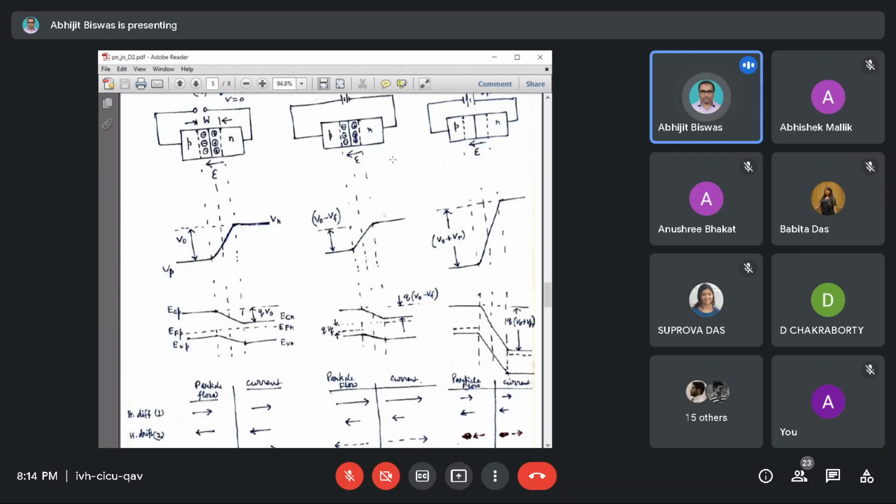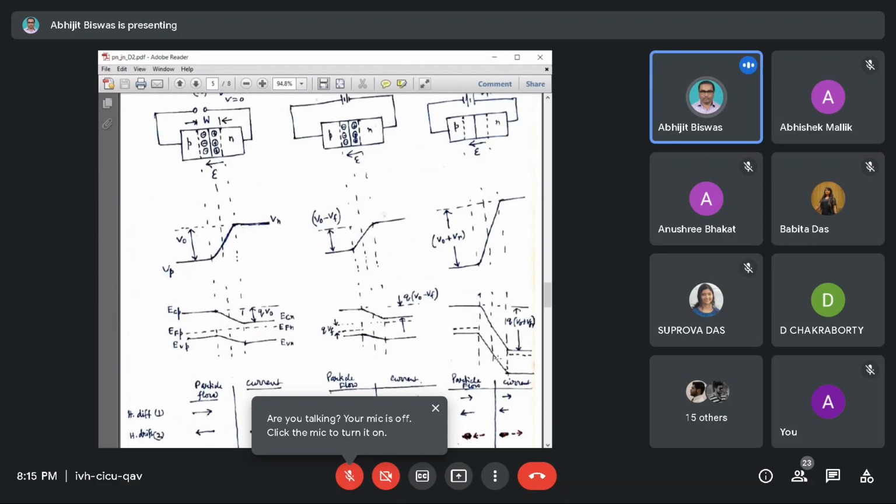The holes which have enough energy to surmount this barrier height can come easily from p side to n side. And the electrons which have enough energy to surmount this barrier height q into V0 minus Vf can come to the p side.